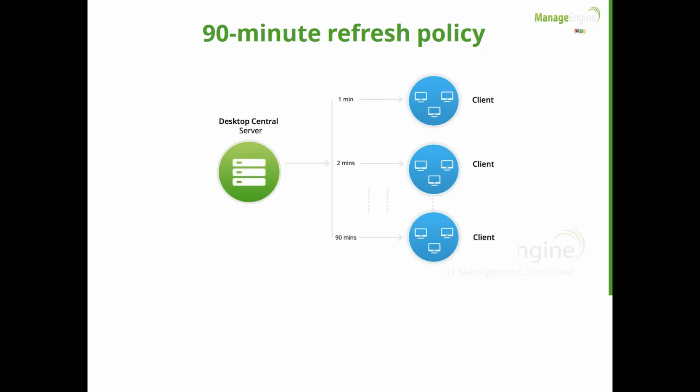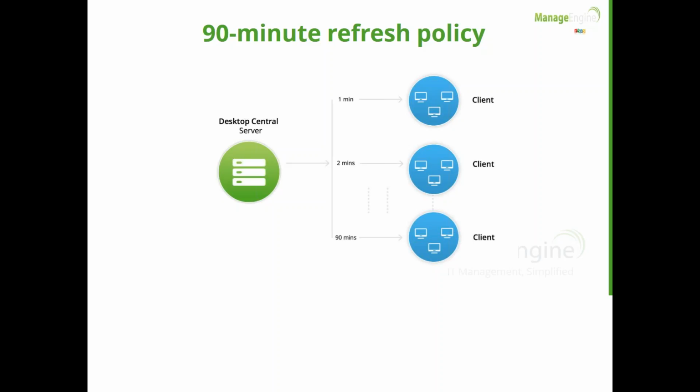To make it simpler, let's take an instance of a 90 computers network. In a 90 computers network, one computer will reach out to the Desktop Central server per minute. In a 900 computers network, 10 computers will reach out to the server per minute.